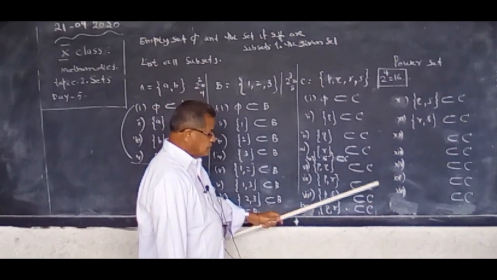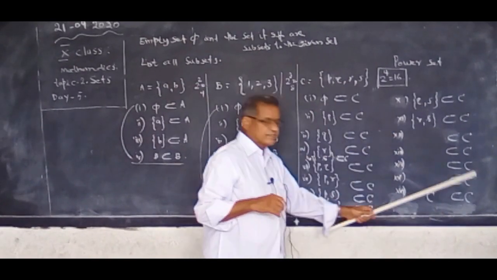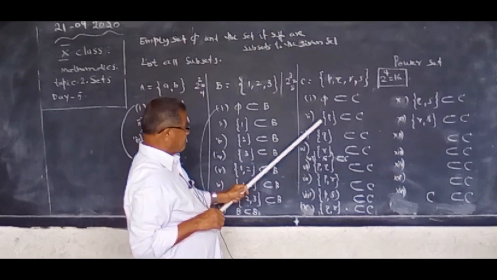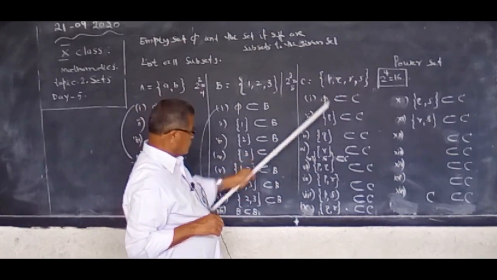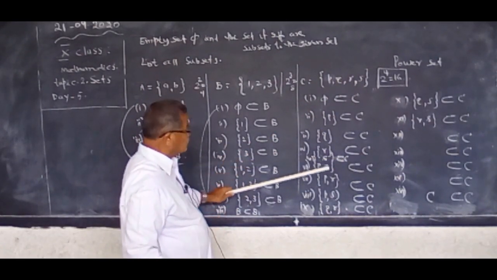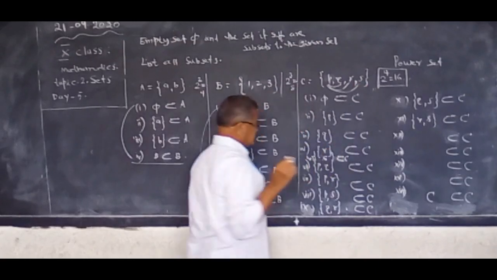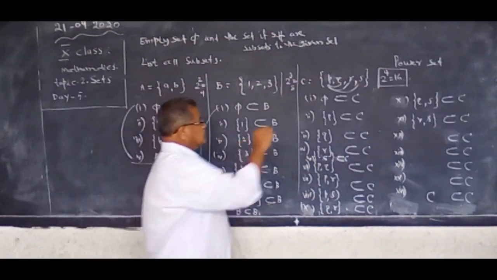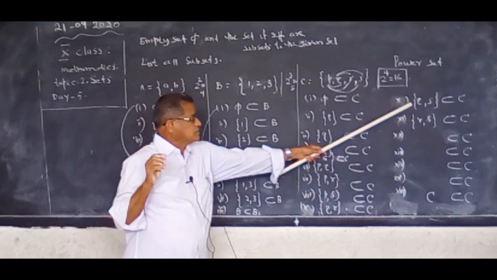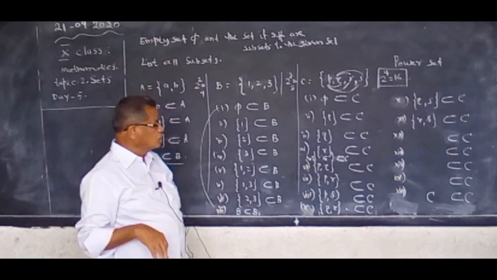And last is C subset of C. Next, one element: P, Q, R, S. Next, two elements: P Q, P R, P S, then Q R, Q S. After that, R S. Okay, two elements are over.